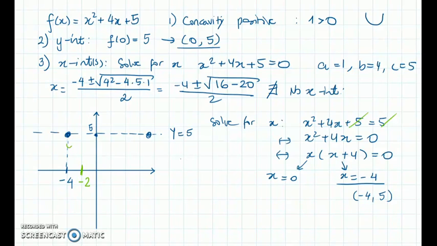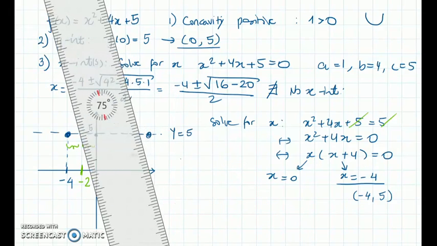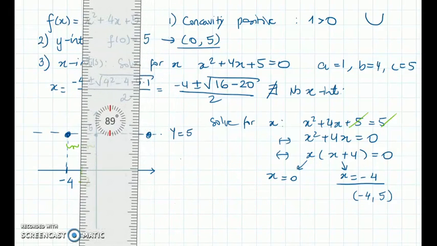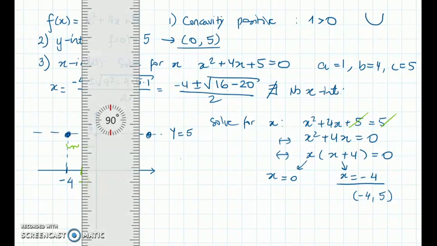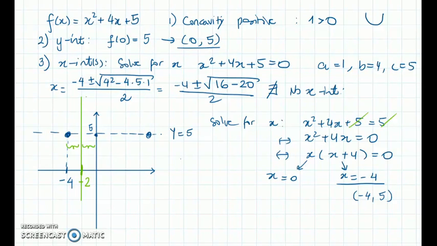So there are 2 steps between -4 and -2, and there are 2 steps between -2 and 0. So I'm going to sketch my axis of symmetry over here. It has to be there so I can fold the parabola and make the 2 points with y coordinate 5 coincide. So this is x equals -2. So that means that we found the axis of symmetry. It has equation x equals -2.